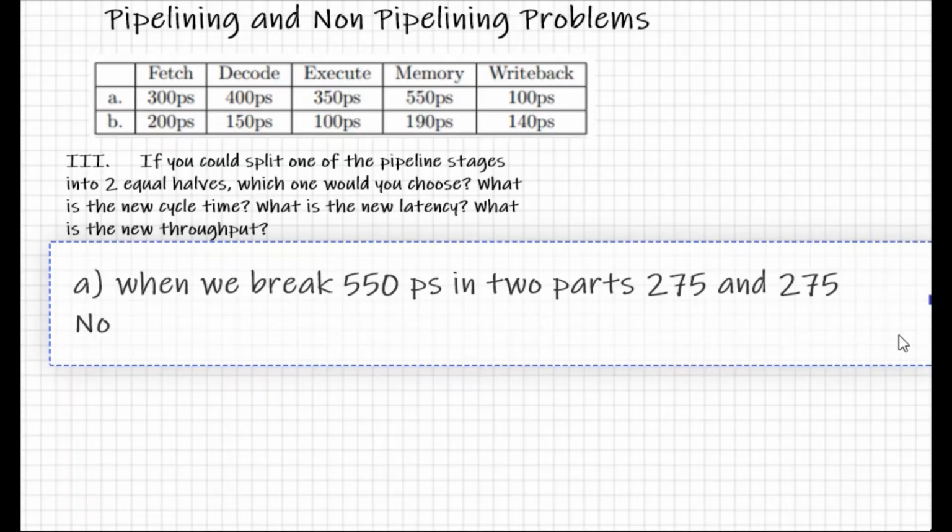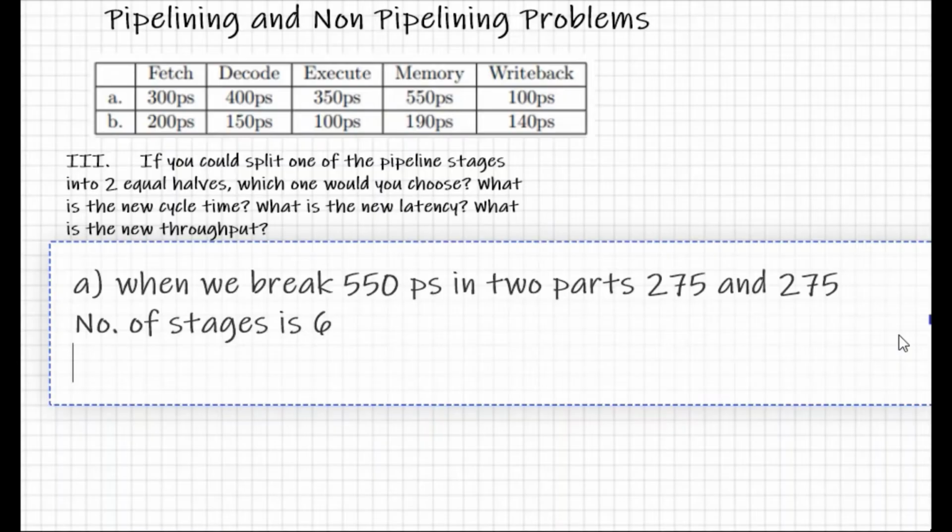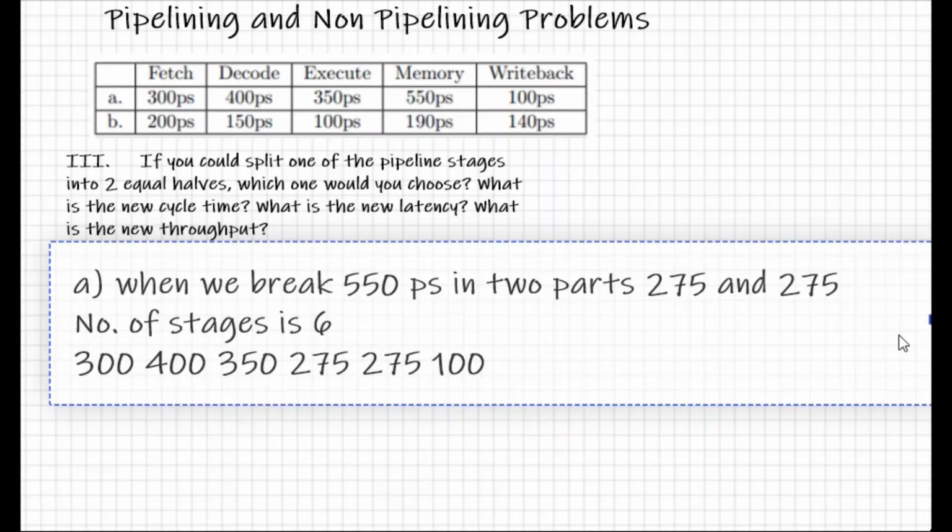The new number of stages is 6, and the delays will become 300, 400, 350, and 550 will be divided into 275, 275 and 100.